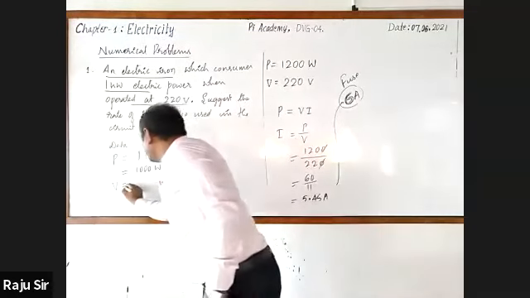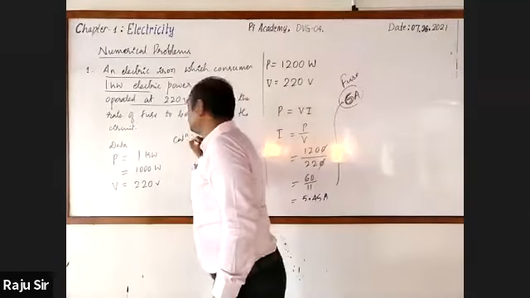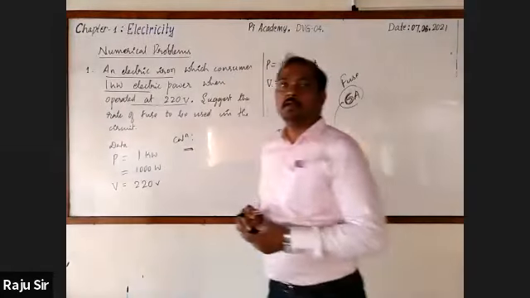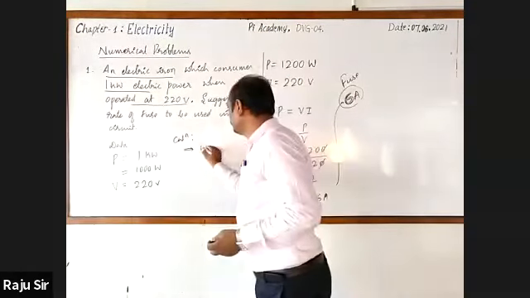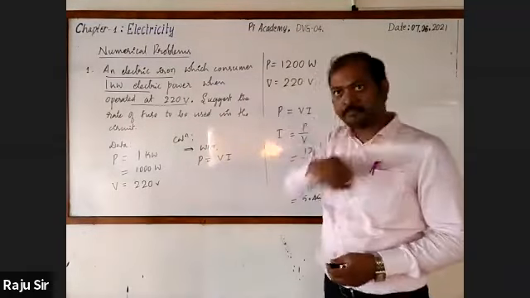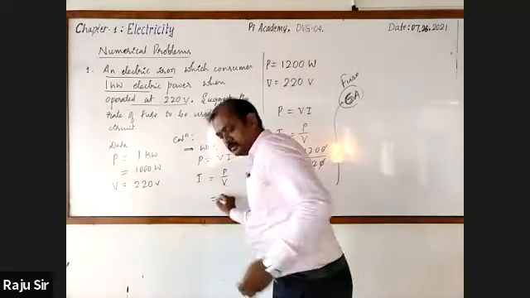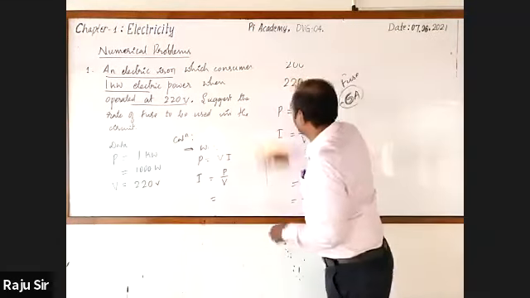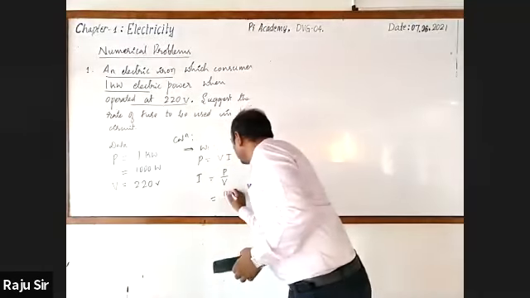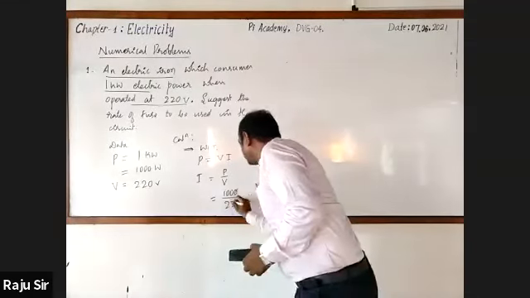Okay. V is equal to 220 volts. Let's go on to calculation. Right now, we know that P is equal to V into I. Solve for I. I is equal to P by V, where P, power, is 1000 divided by voltage, 220. 0 gets cancelled.